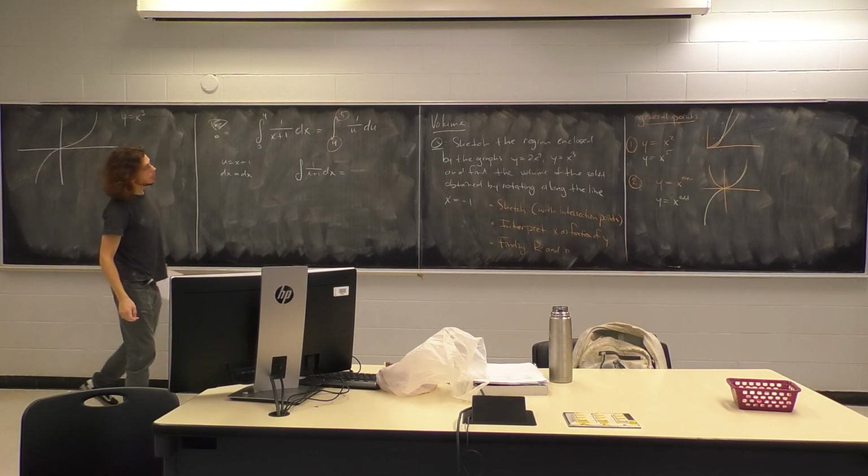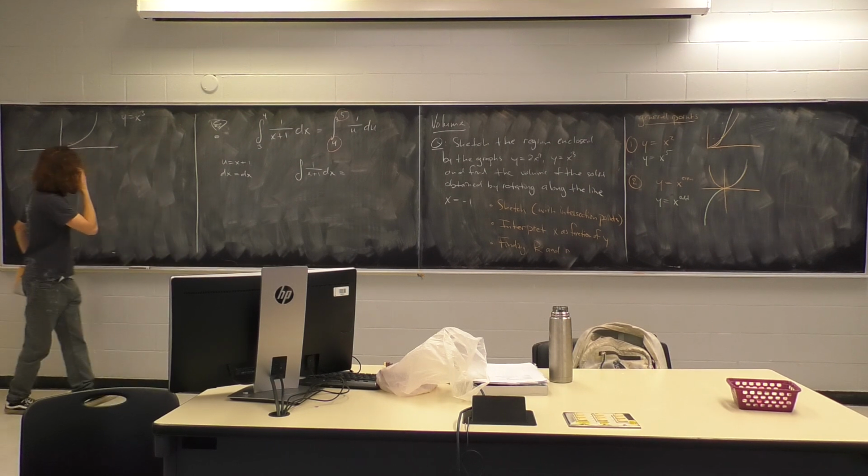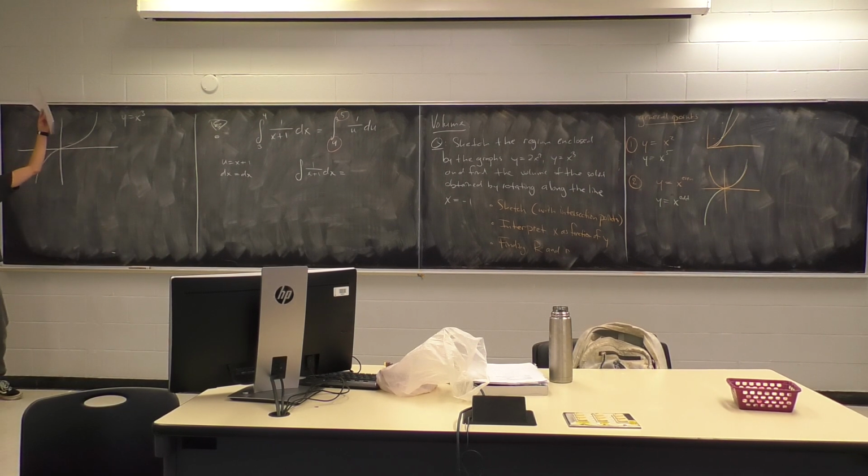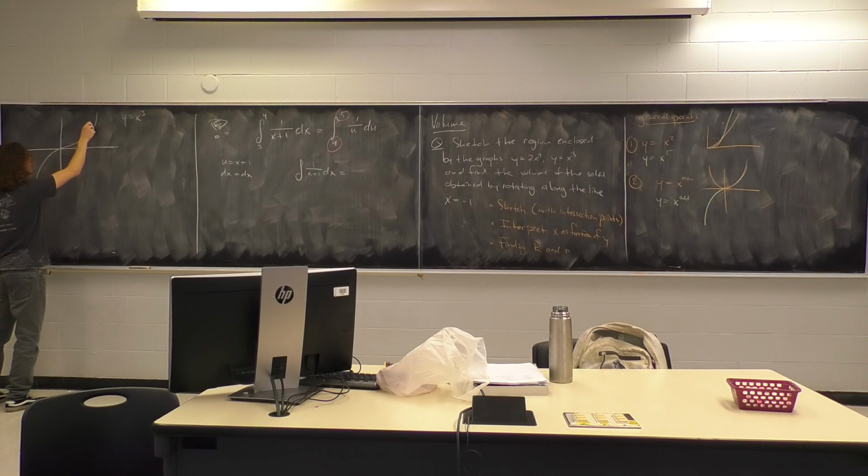And then y equals 2x squared. It will be something like this, but since we multiply by 2, it sort of gets stretched outward. So it should be something like this.